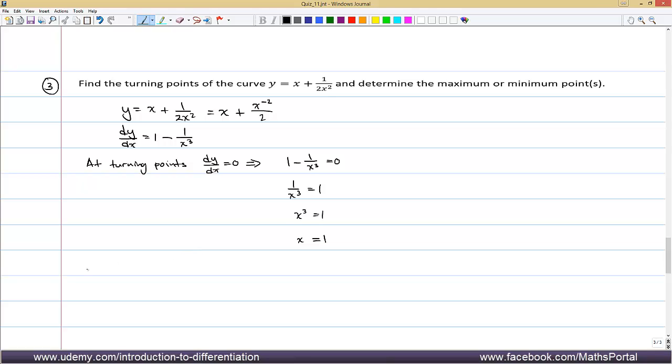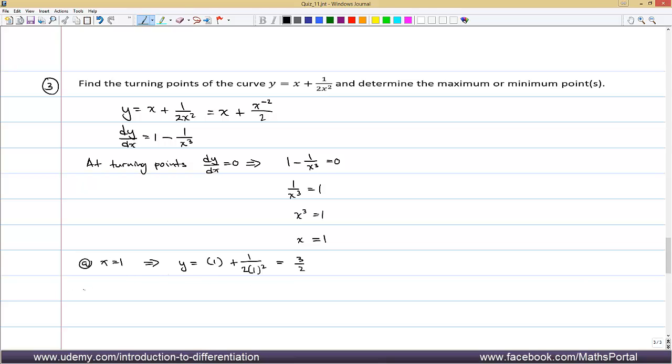So what is the corresponding value of y? Put it back into the original equation. 1 plus 1/2 times 1 squared. So 1/2 times 1 squared, that is 1/2. So that is equal to 1 plus 1/2, that is 3/2.